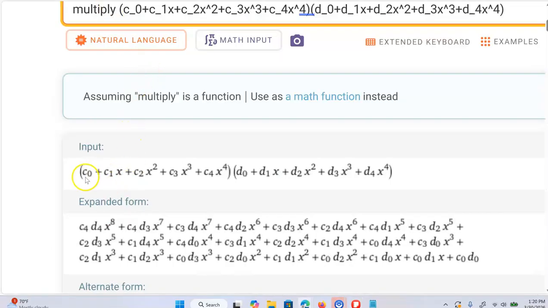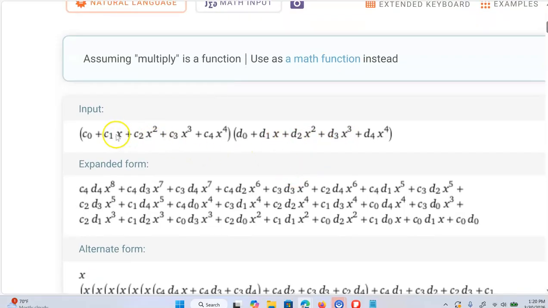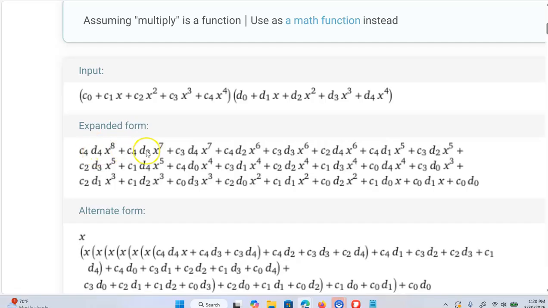So I've got c naught plus c1x plus c2x squared plus c3x cubed, and then d naught plus d1x plus d2x squared plus d3x cubed. I just expanded the first 5 terms for each, and I used Wolfram to do the heavy lifting for me. It gave it to me in reverse order, so I'm going to start down here.